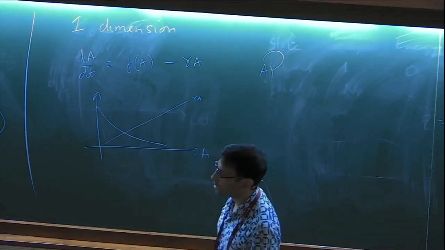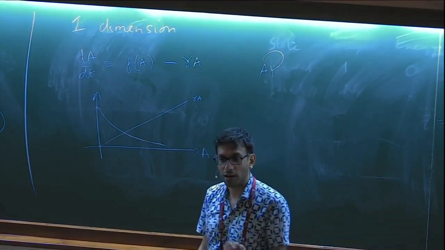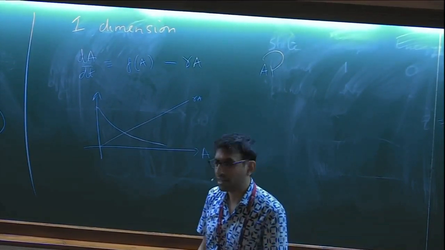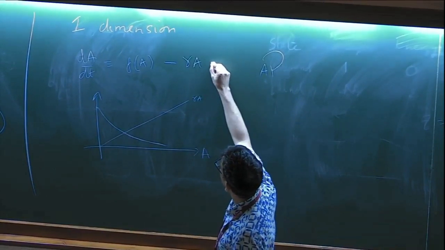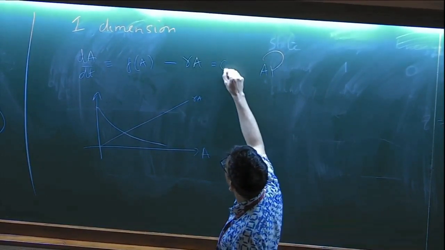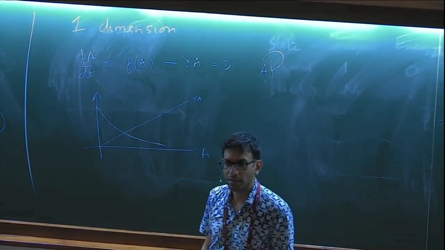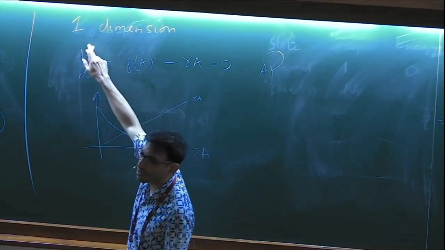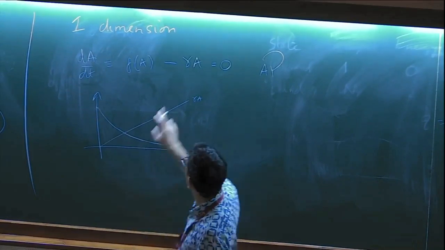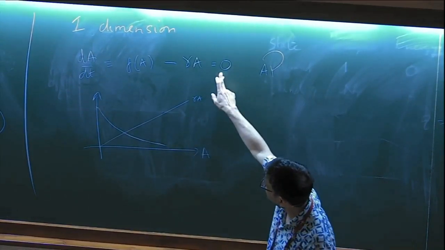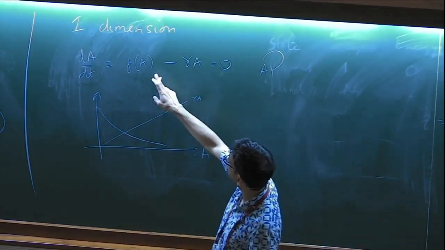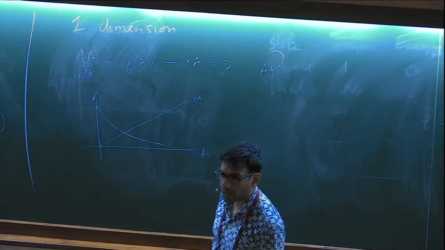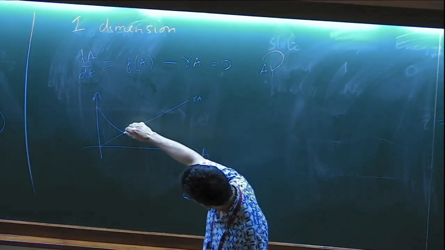What can we say from all this? First, we need to find out, are there steady states? And let me define that now. A steady state will be a particular value of A for which this is 0. Does that make sense? A steady state is simply something where the rate of change is 0. And graphically, you can fairly easily see where that point will be. That point will be where these two things cross.